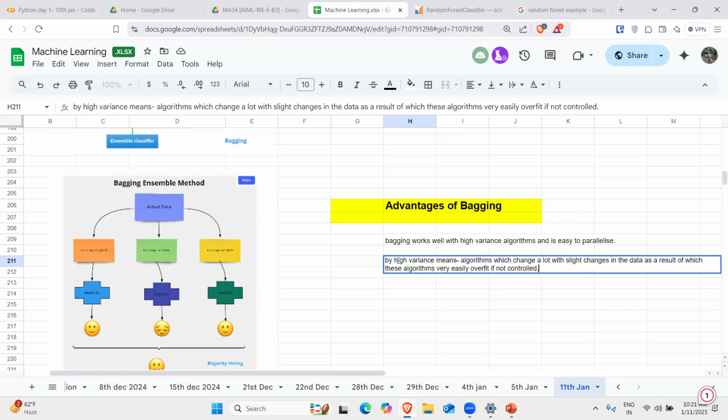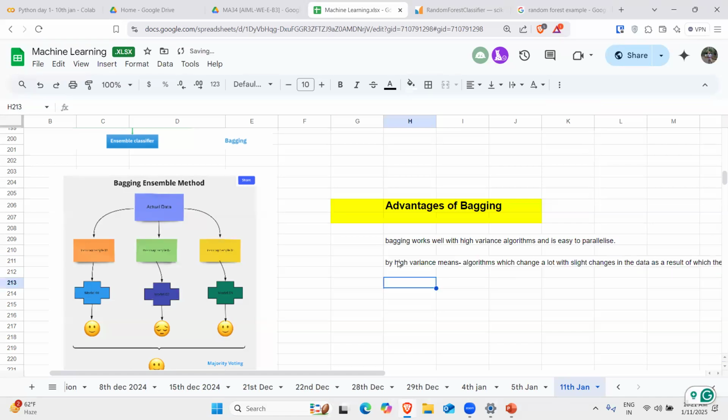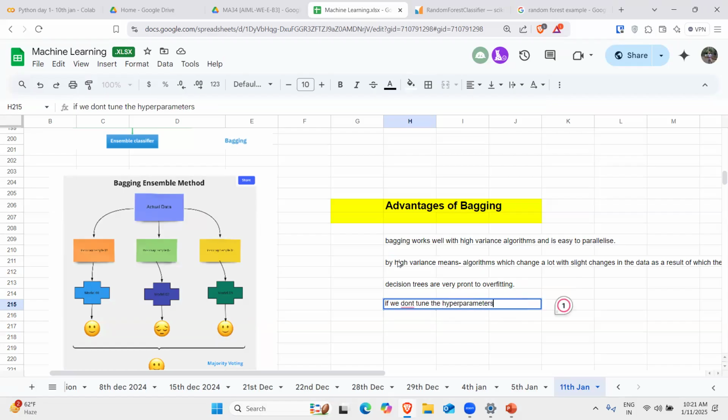You can take the example of a decision tree. If you do not control a decision tree, you can recall this, right? Decision trees are very prone to overfitting. If you don't tune the hyperparameters well, it will overfit 101%. So your bagging will help you rescue this problem.